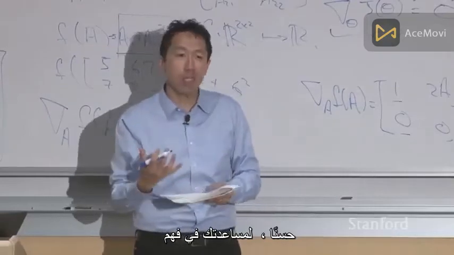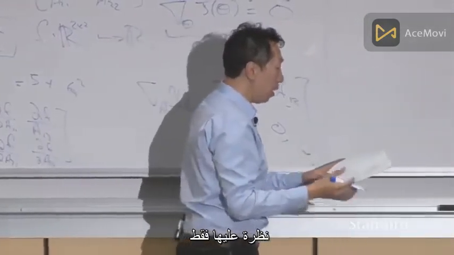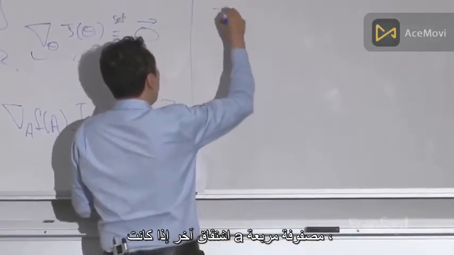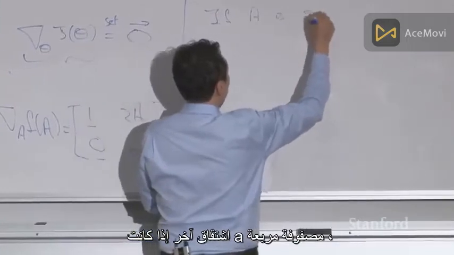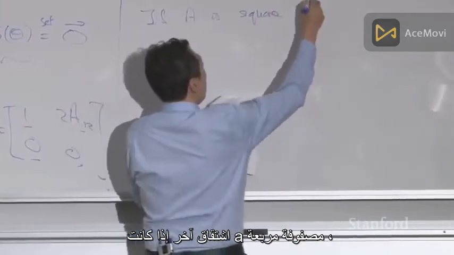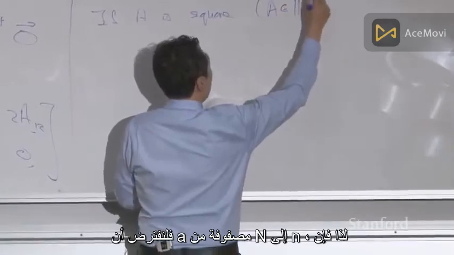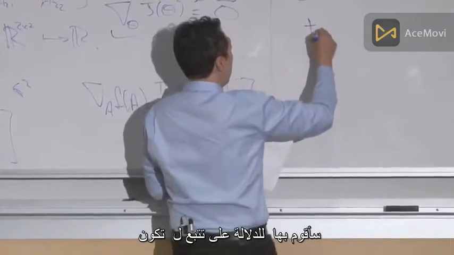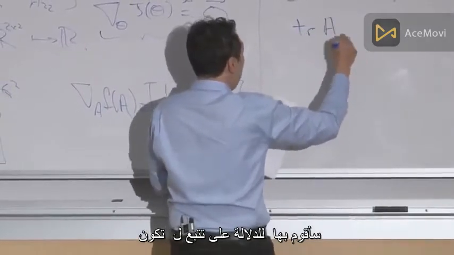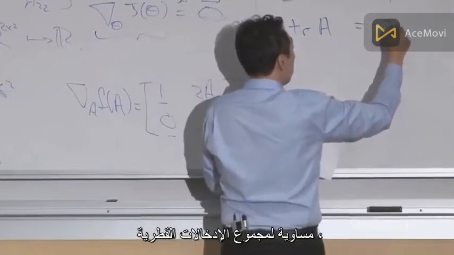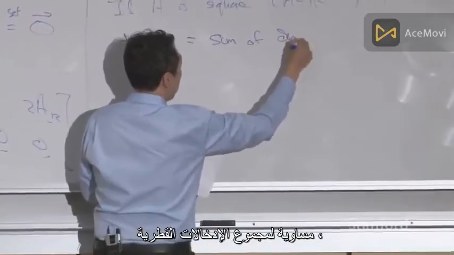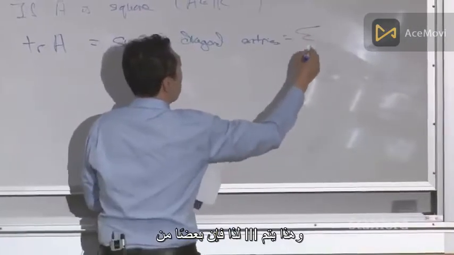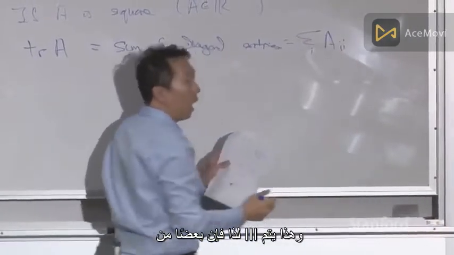To help you understand the lecture notes when you take a look at them, here are a couple of other derivations. If A is a square matrix, say an n by n matrix, so the number of rows equals the number of columns, I'm going to denote the trace of A to be equal to the sum of the diagonal entries, the sum over i of A_ii.